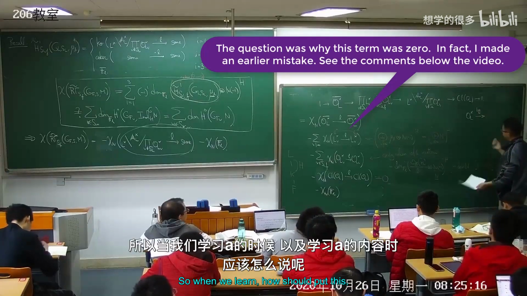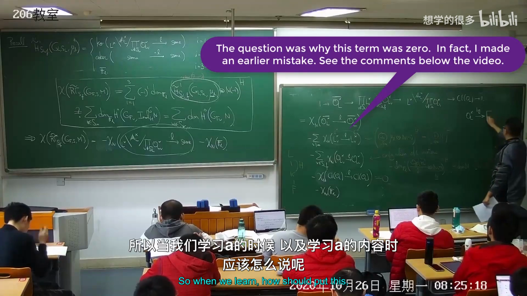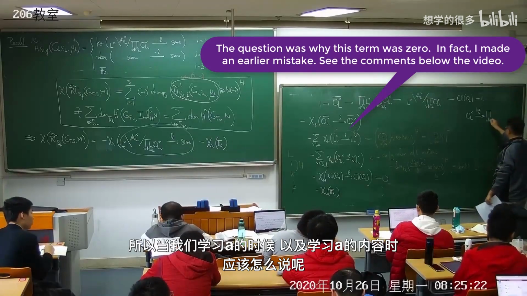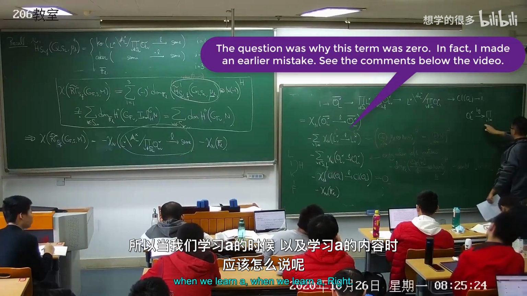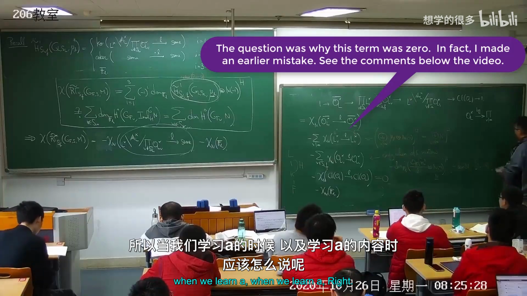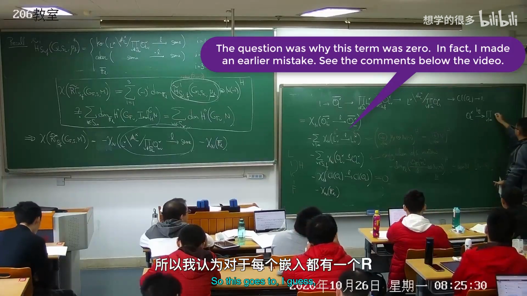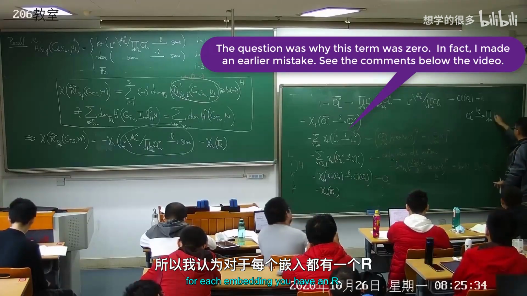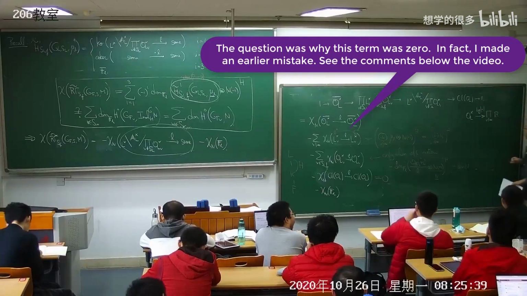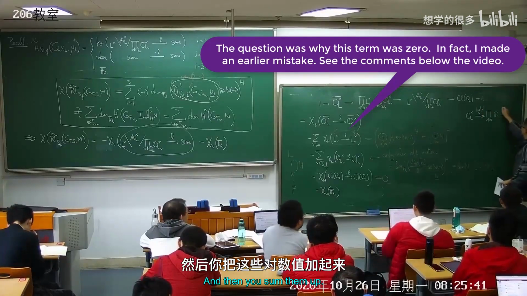So for each embedding you have an R here, so log of this norm. And then you sum them up.